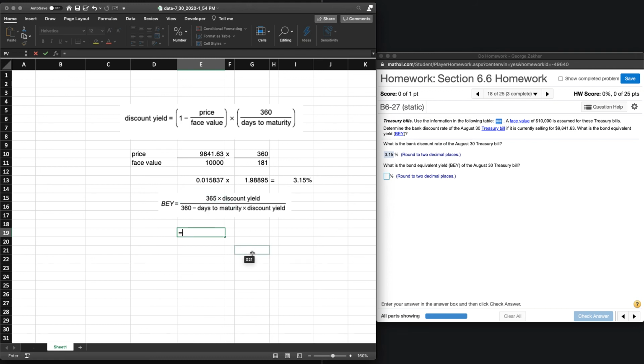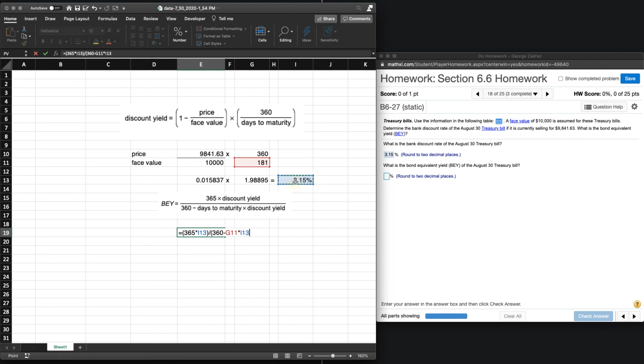Okay. Multiplied by our discount yield. So the discount yield is the value we just figured out. Okay, and then we're going to divide that all by 360 minus the days of maturity. So we can use that 181 again, multiplied by the discount yield.